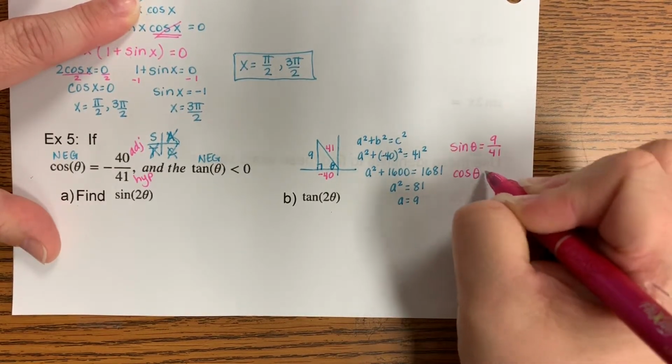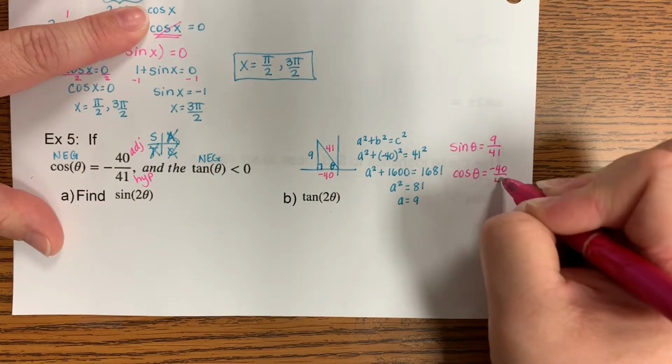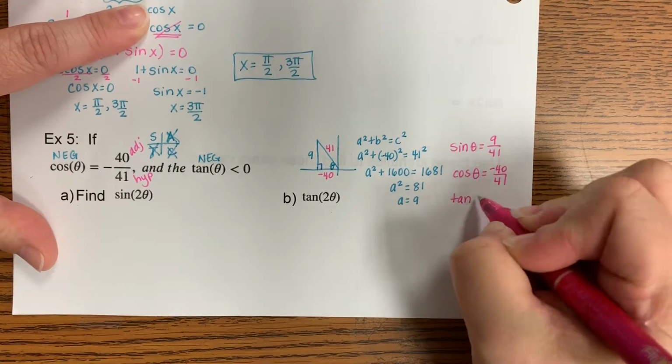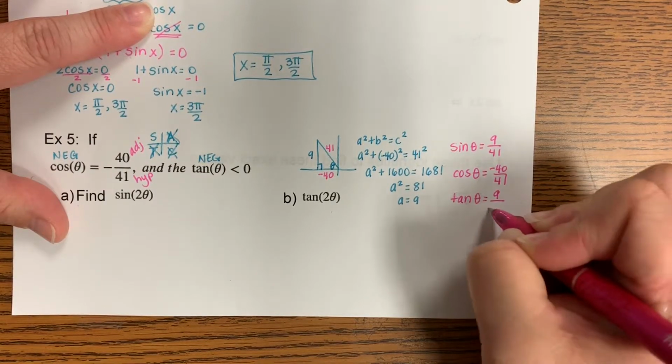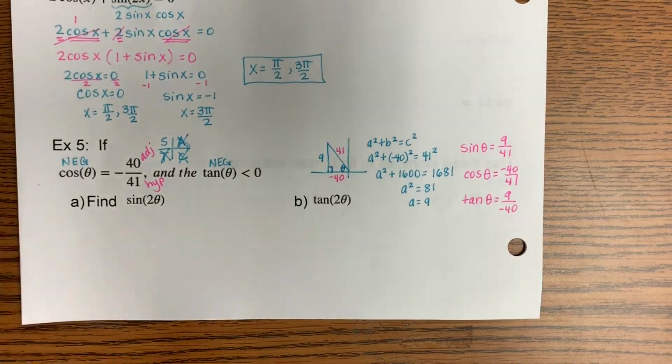Cosine of theta is adjacent over hypotenuse, so that's negative 40 over 41. Yes, I realize we were given that, but I just want to verify it. Tangent of theta is opposite over adjacent, so that's 9 over negative 40. We're going to plug that in once we need those pieces.